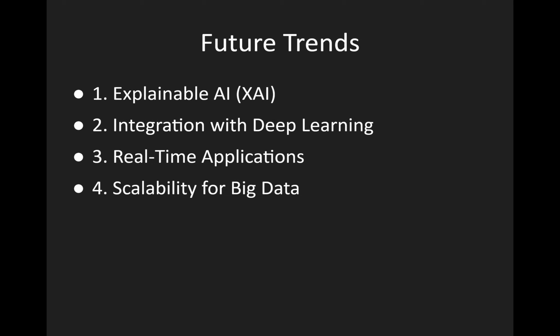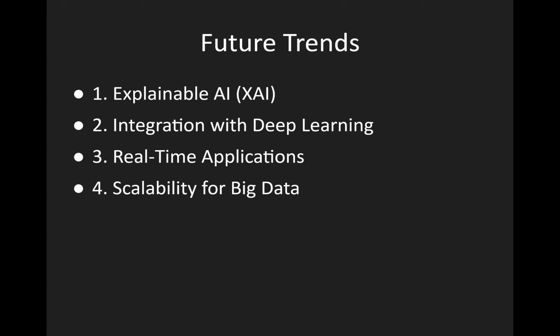And if we talk about future trends, so explainable AI, which is making regression models more interpretable. Then is integration with deep learning, which is hybrid models combining regression with neural networks.